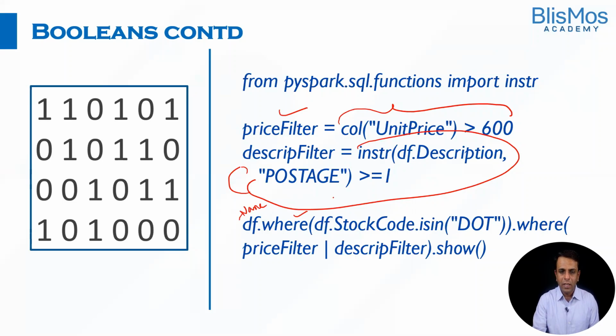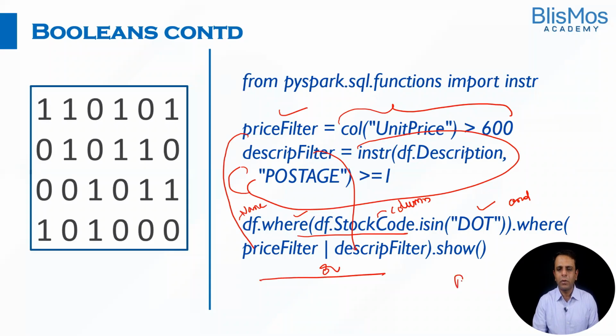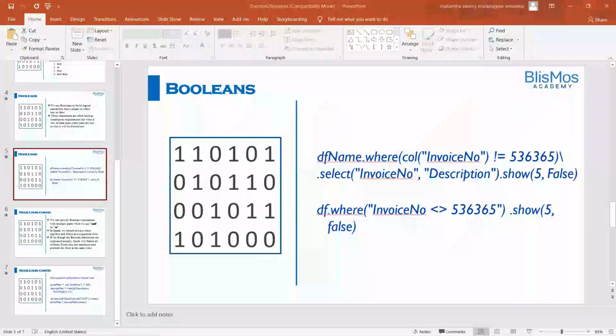One is the column name stock code, where we check whether it has the string dot or not. Along with that, it is in a way an and. We use this price filter here and also the description filter here. This is an or condition here. Whichever records satisfy this and also this would be included as a part of the results.